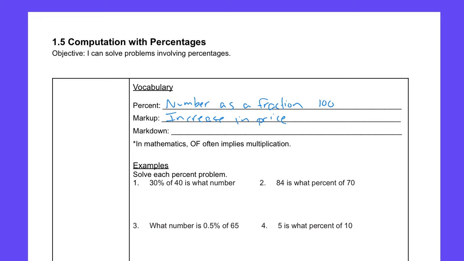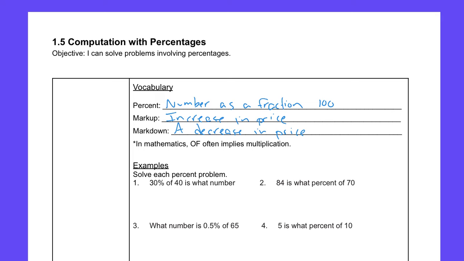That would be a markup. And then the opposite is a markdown or a discount, and that's a decrease in price. An example of this would be if you go shopping and you see that something is on sale, it costs less money than it used to. That's a markdown or discount.